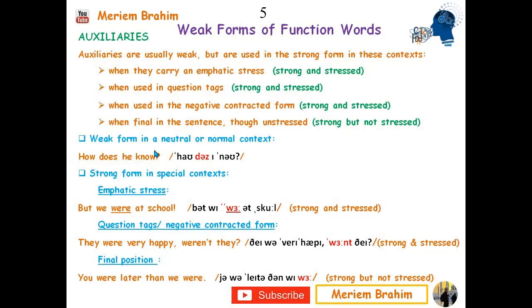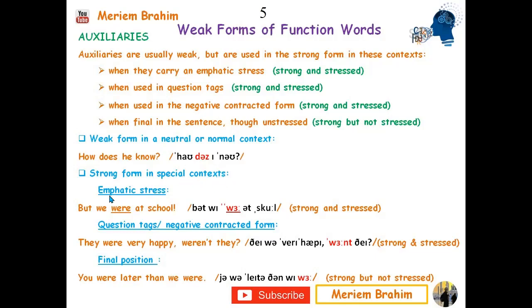So, auxiliaries, weak in a neutral or normal context. For example, how does he know? Here "does" is weak because it's a neutral context or neutral sentence. Now we move to the strong form in the special context.